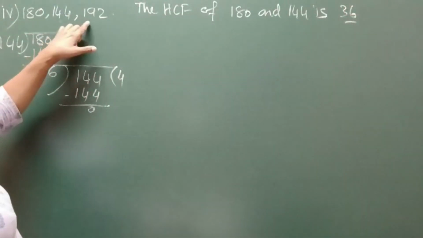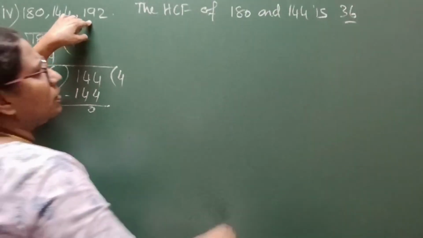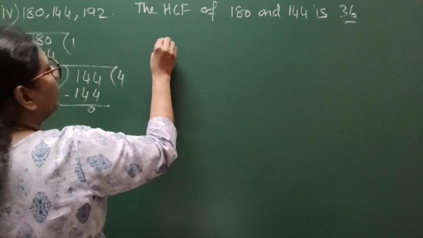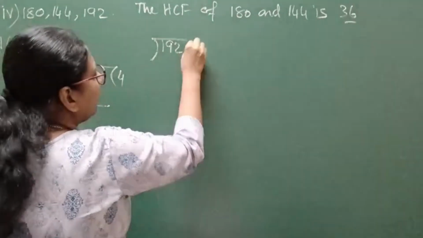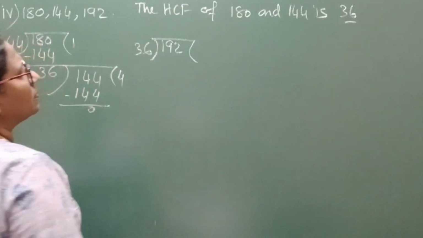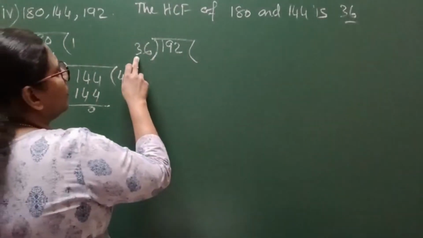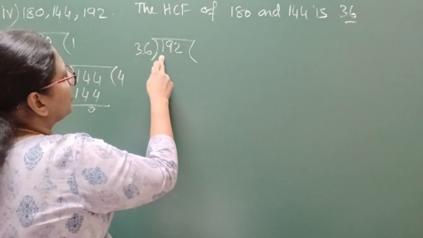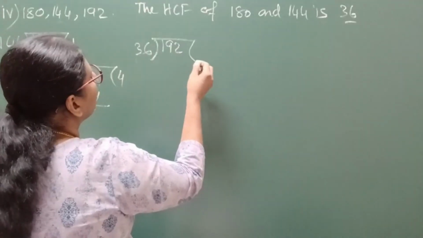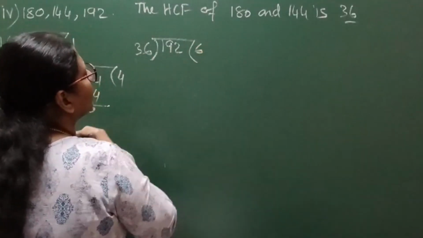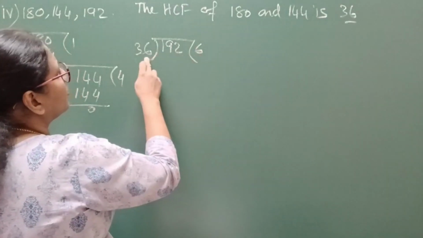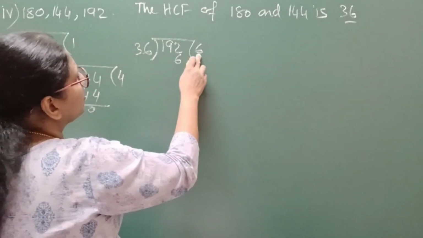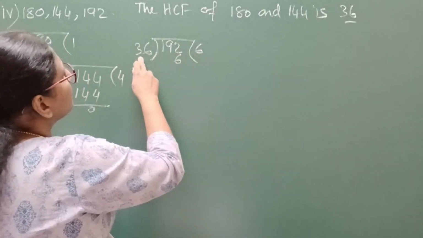Now the third number is 192. Here this is HCF, that is 36. So 192 divided by 36. 3 here 19. 3 6s are 18. 6 6s are 36. 3 balance.